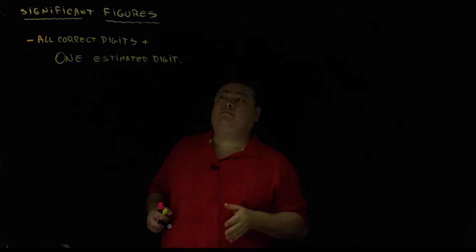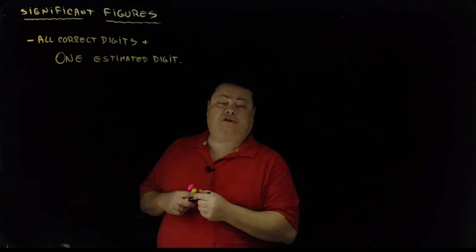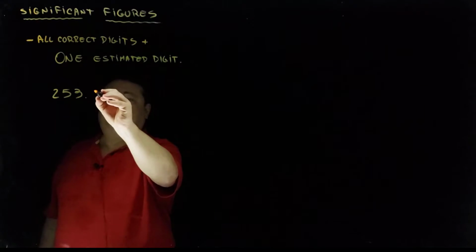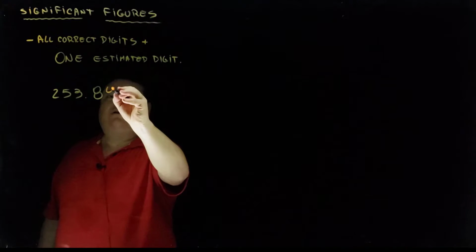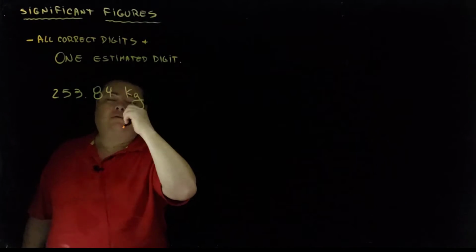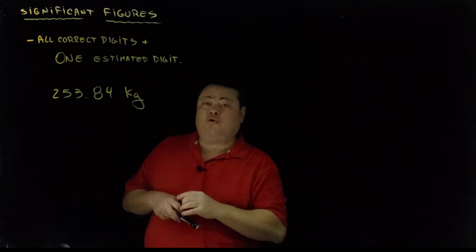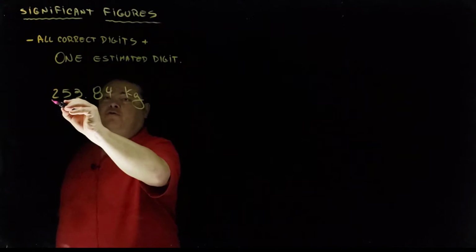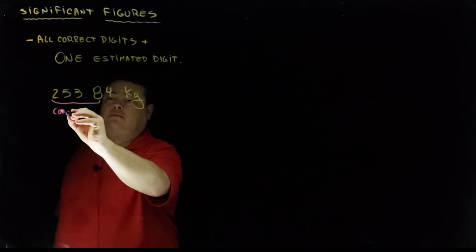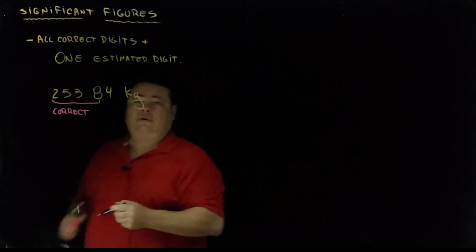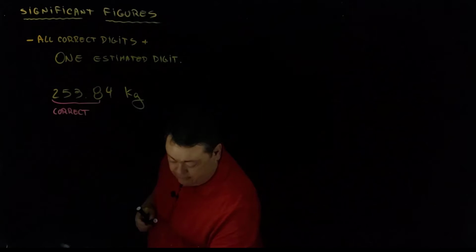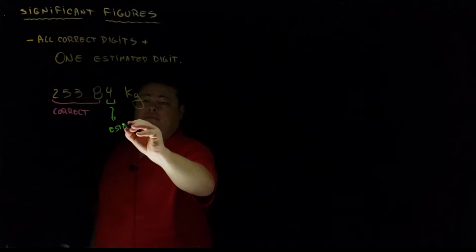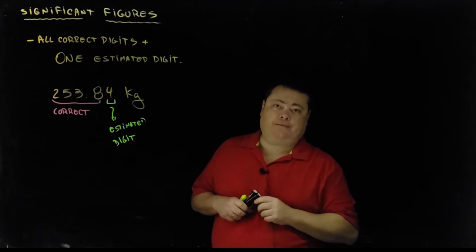In that sense, if someone measures something for me, as in, for example, 253.84 kilograms, if the person has reported this correctly, I'm going to assume that 253.8 are correct digits, and that 4 is going to be my estimated digit.